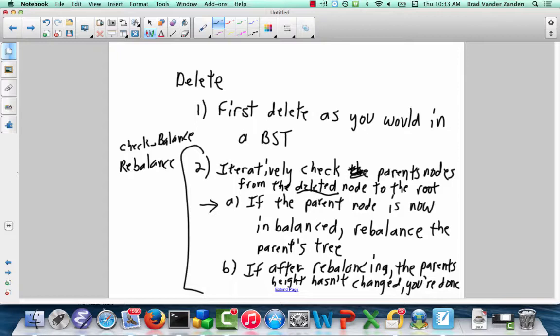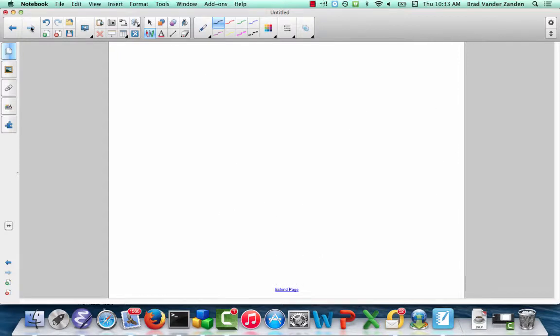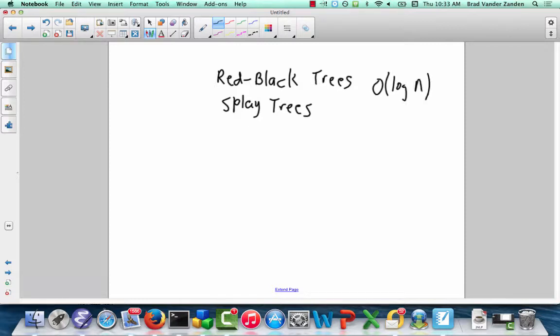There has been a lot of research into the most efficient way to keep trees balanced, and you will be introduced to two additional types of balancing schemes, one called red-black trees and one called splay trees, that also manage to keep them roughly balanced and support order log n operations for find, delete, and insert. But we're not going to go over them in this course. They are put off to 302.